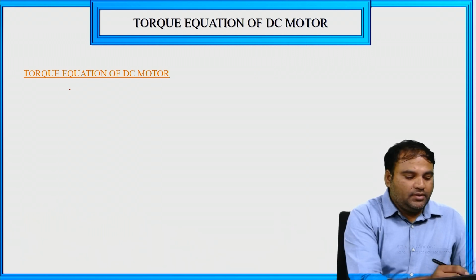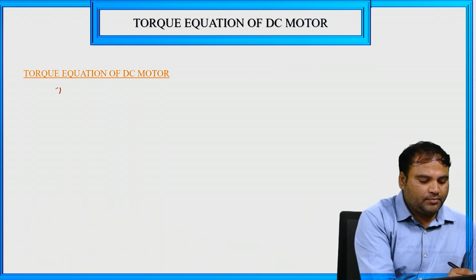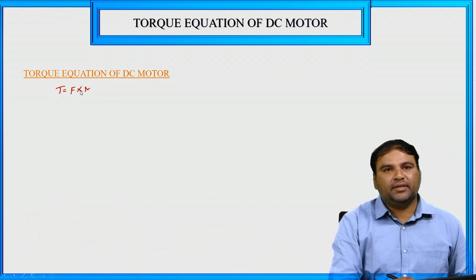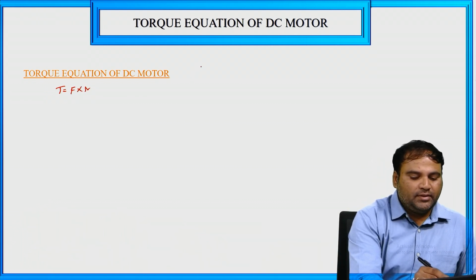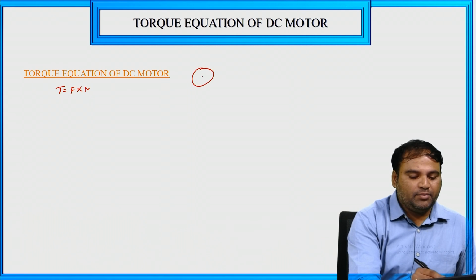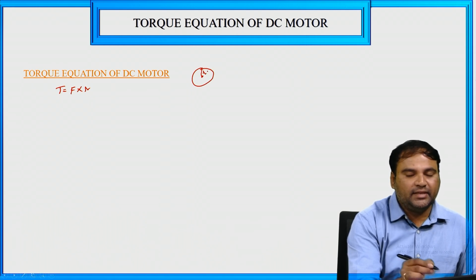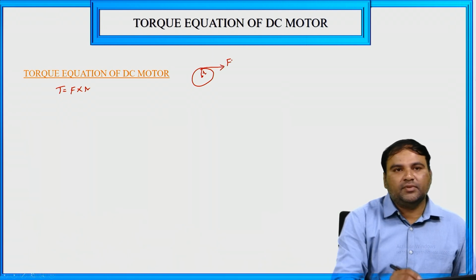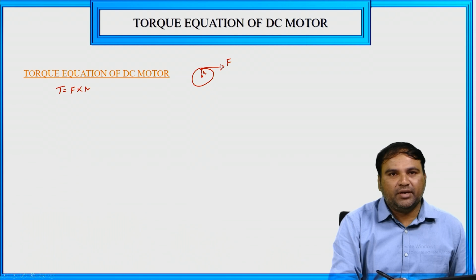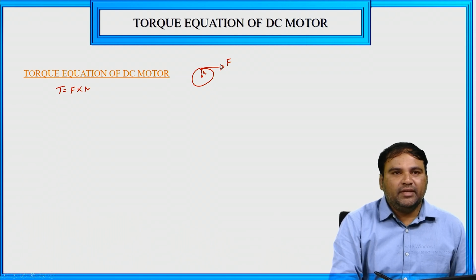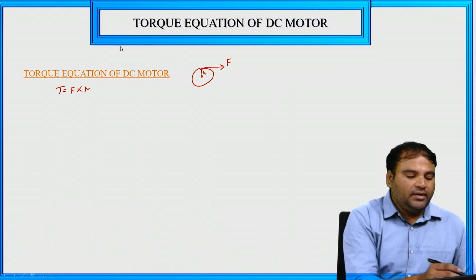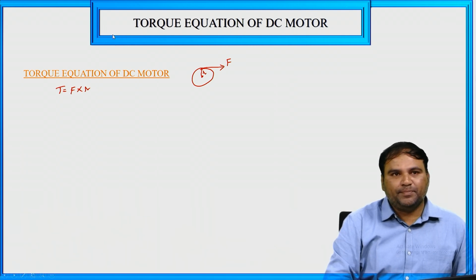So here T equal to force into radius. For example, I am taking a motor. For this motor we have a small radius and some force F. So torque is defined as the product of force into radius. So here T equal to F into R.